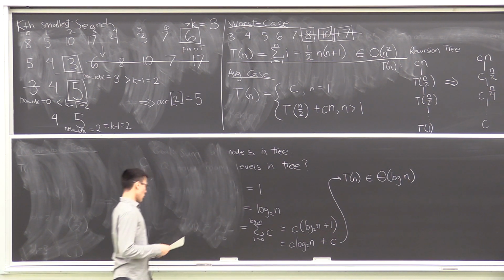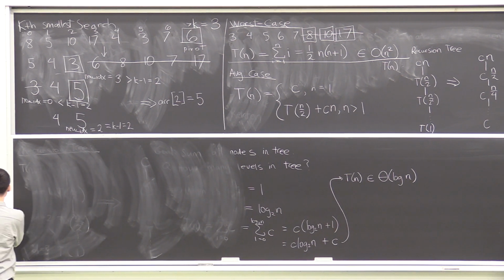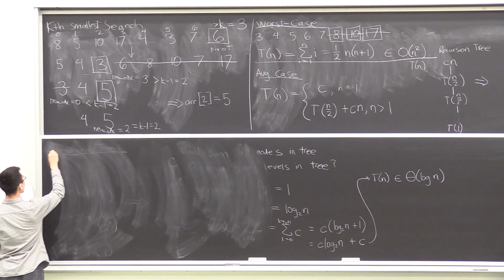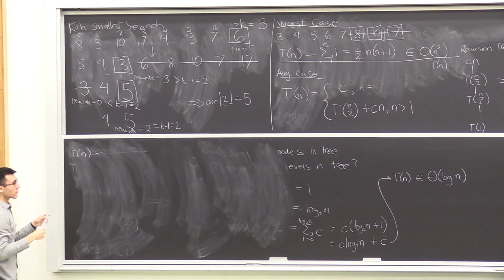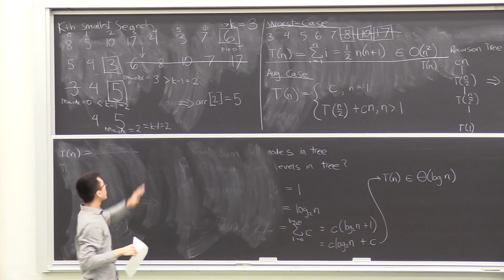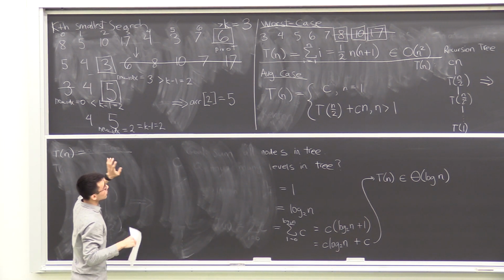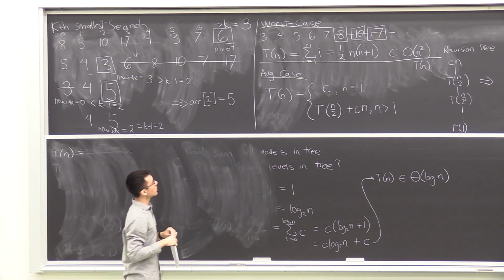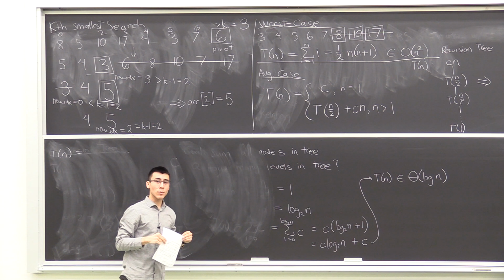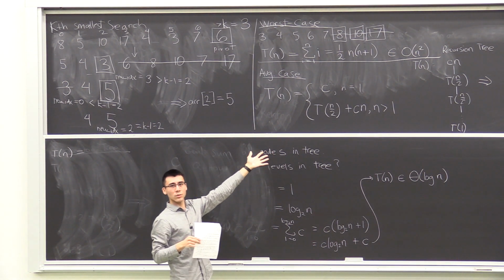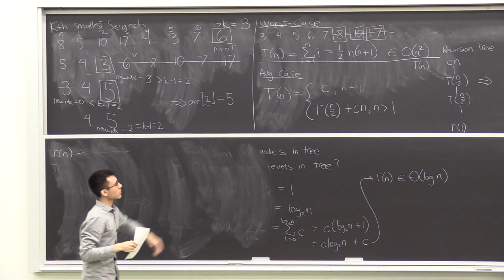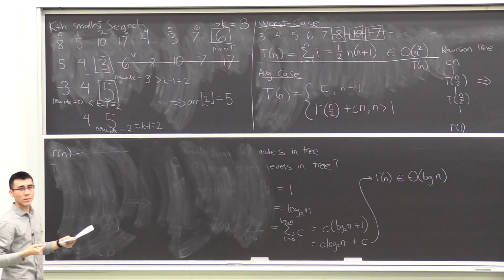Okay. So T of n. Well, if you remember from what we did in binary search, the number of levels of that tree is just going to be log base 2 of n, or to be precise, log base 2 of n plus 1.